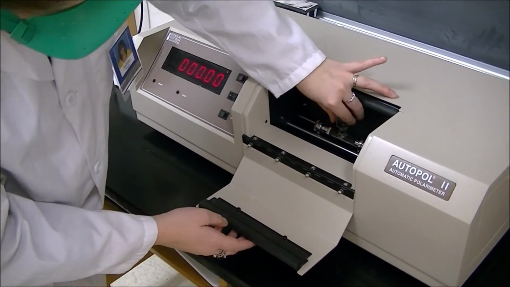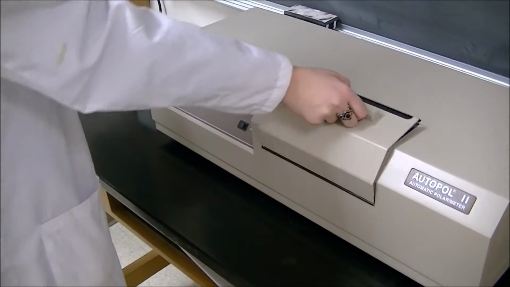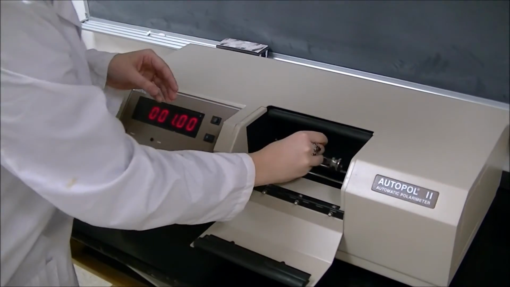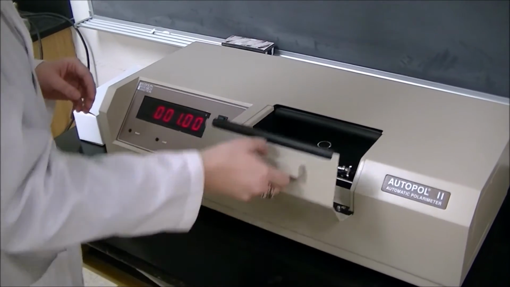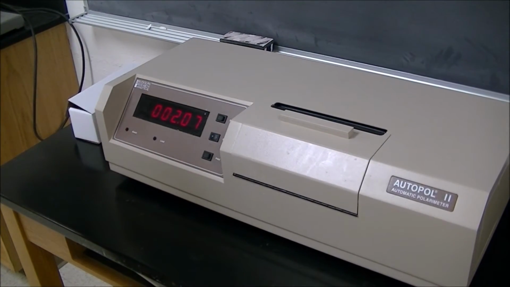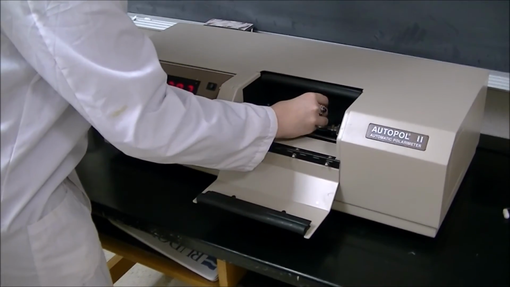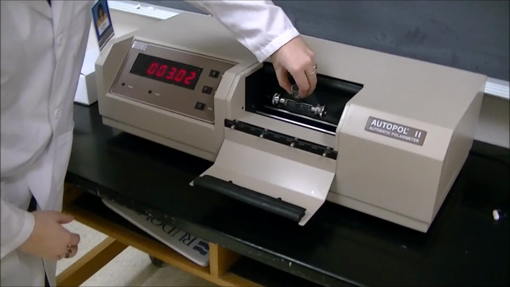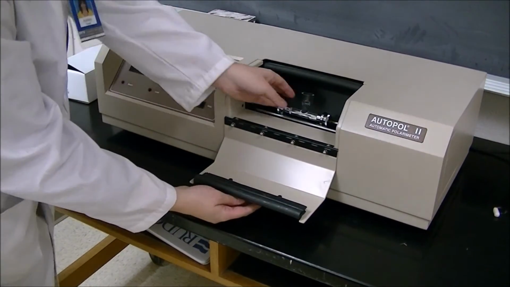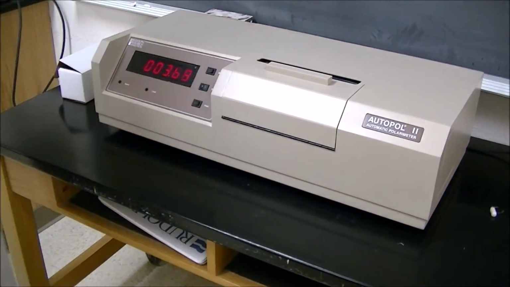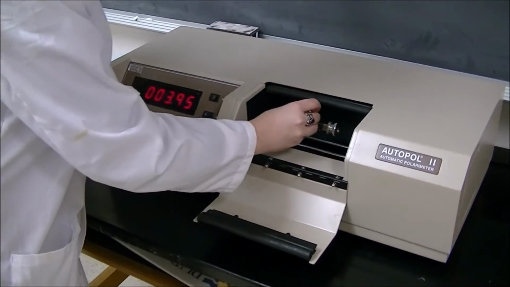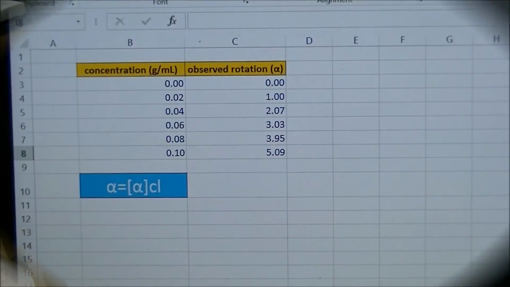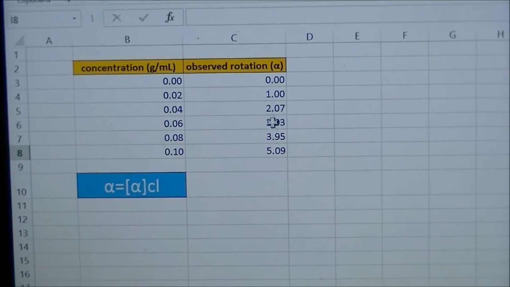After zeroing, we start with the lowest concentration of our solution and measure the rotation. A column for our concentration and a column for our observed rotation.